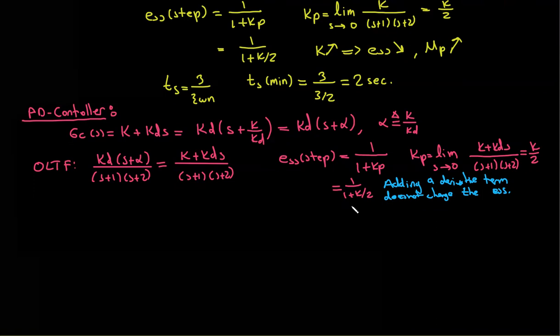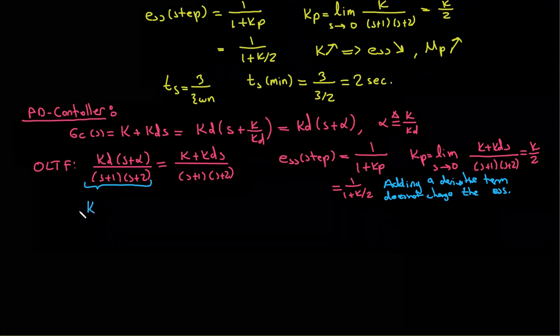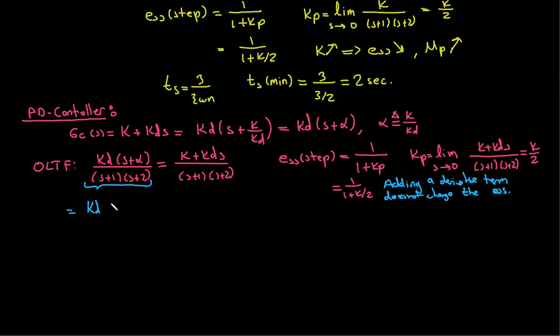Okay. So if I go back to this open loop transfer function once again, notice that I can write this as kd times n of s divided by d of s. Okay, so I can keep alpha fixed and plot the closed loop poles when kd is changing from 0 to infinity.